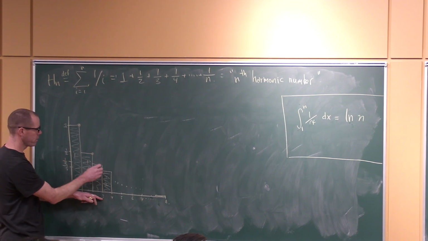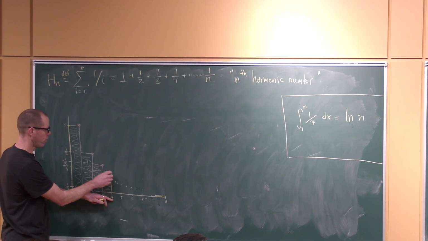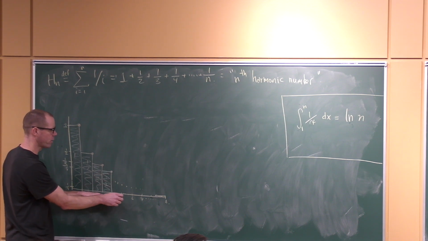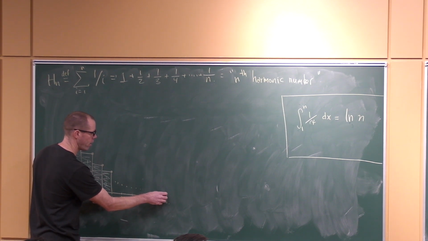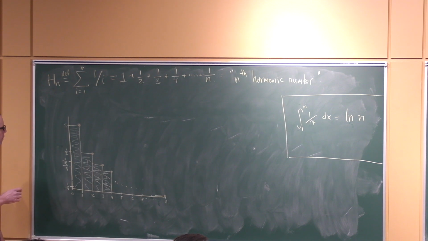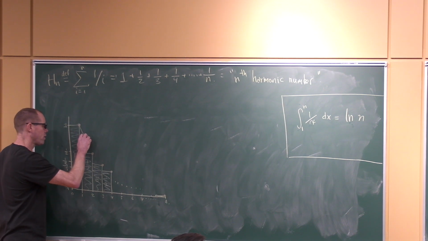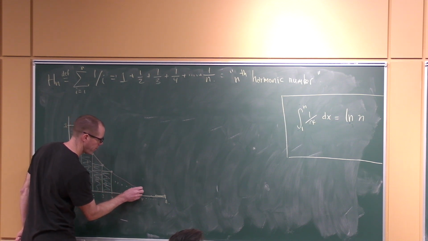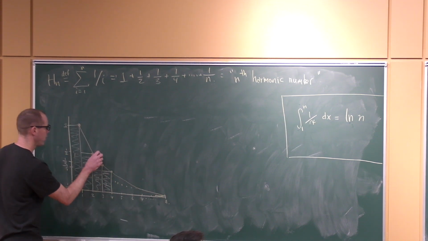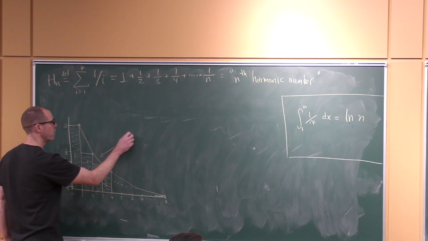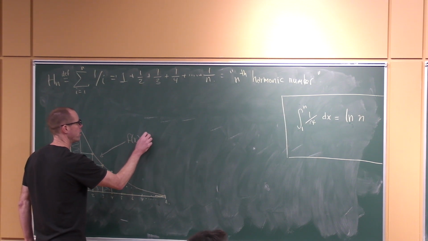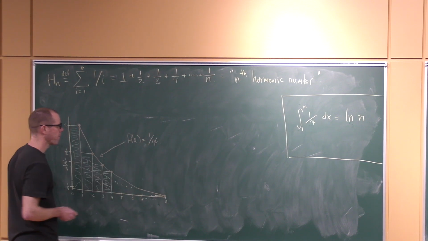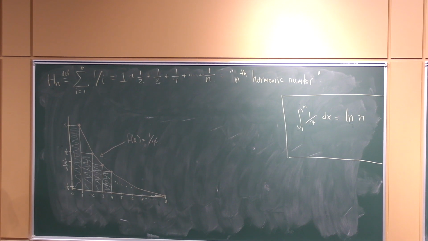And 1 over 3 is a third, and 1 over 4. So these are all points on this function, including even here up to 1 over n. And the function is somehow smooth in between those. So this thing is the function f of x equals 1 over x.